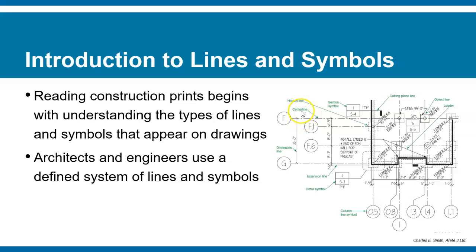This is the center line. If you notice here, it's a solid dash, solid dash, solid dash. So that is going right through column F and number 1, F1. And you can see it's going right through the center of that column. And where the two lines cross each other makes a point, an actual reference point.